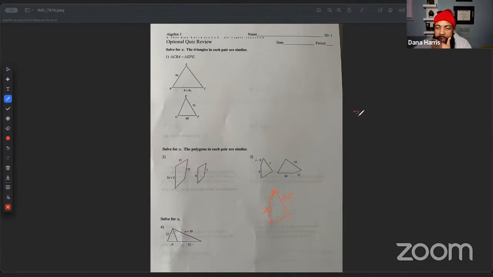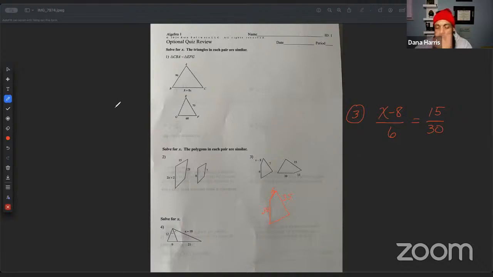Okay, so here, since I'm trying to find x, I can say x minus 8 over, I'm going to choose the left side. So I'm going to choose this 6, and that's equal to 15 over 30. Okay. There are a couple of different ways you could write this proportion, but I'm just going to go with that one.